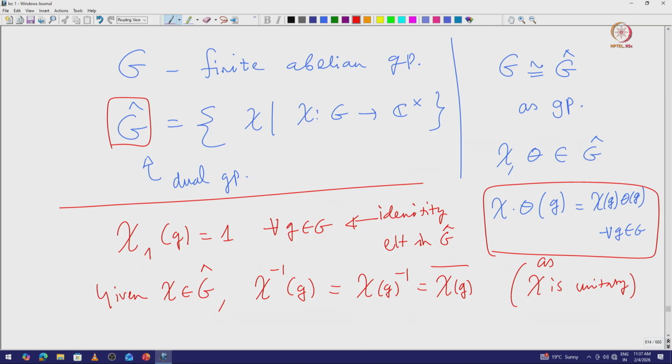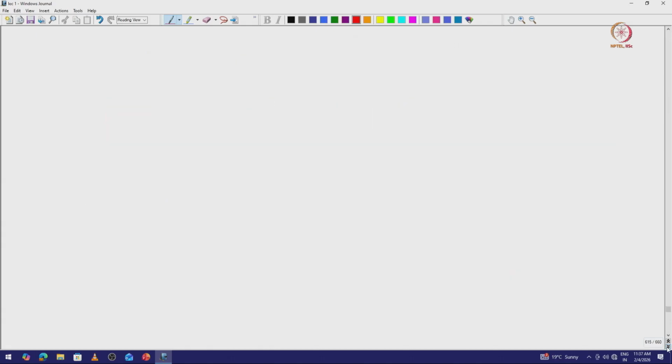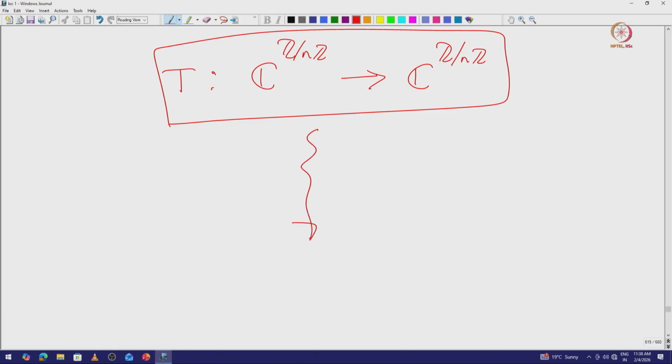If we go back to the cyclic group, we had the Fourier transform defined from the function space from Z modulo n Z to C to again Z modulo n Z to C. Now when we go to finite abelian groups, we want to replace these spaces by C G to C G hat.